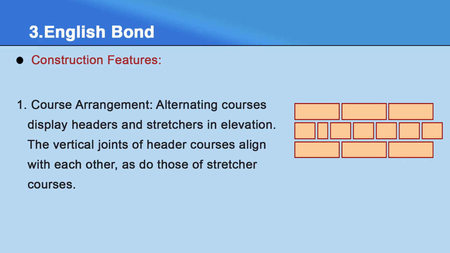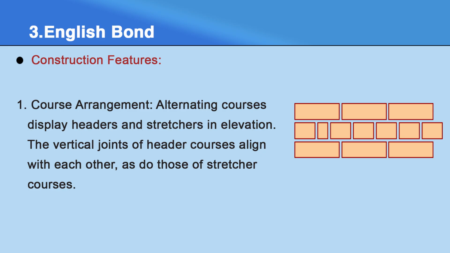The alternating arrangements of these two brick orientations give the English bond its characteristic appearance and contribute to its structural robustness.